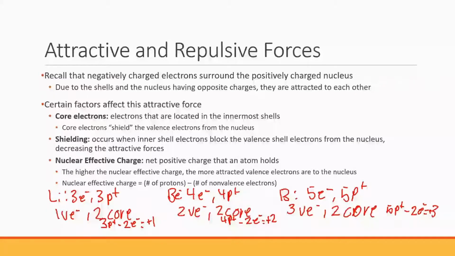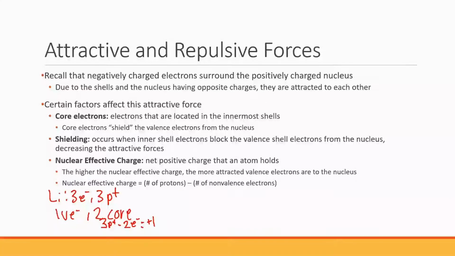Now if we compare things in the same exact group, or the same exact column, you're going to see a slightly different trend. So we're going to go ahead and compare only lithium and sodium. Sodium has 11 electrons and 11 protons, with one of sodium's electrons being valence and the other 10 being core.